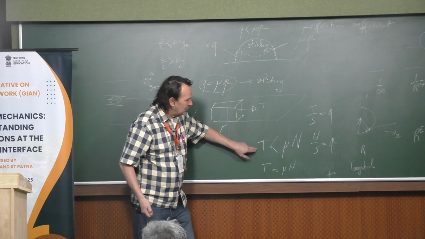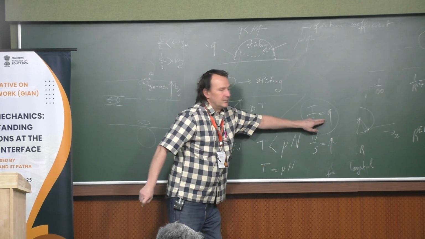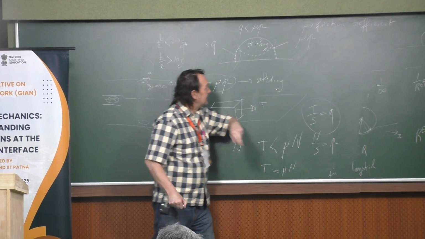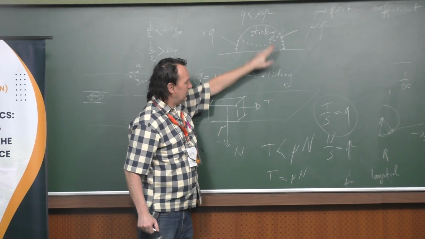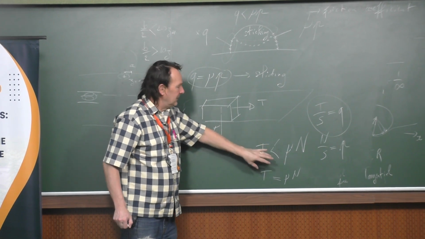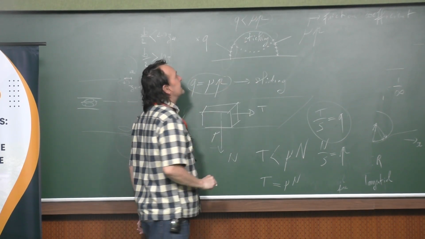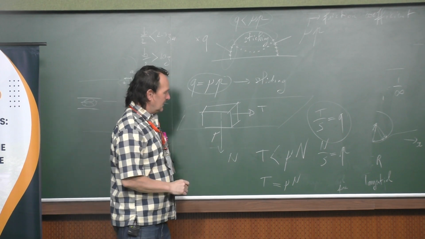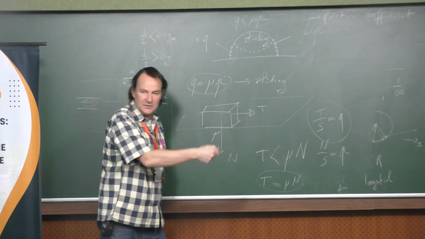This is the shear stress, Q for me is the shear stress. Then in this area, for example, Q is lower than mu times N divided by the surface. This is equivalent to sticking, and when it is sliding, you reach the limit, and it is sliding.